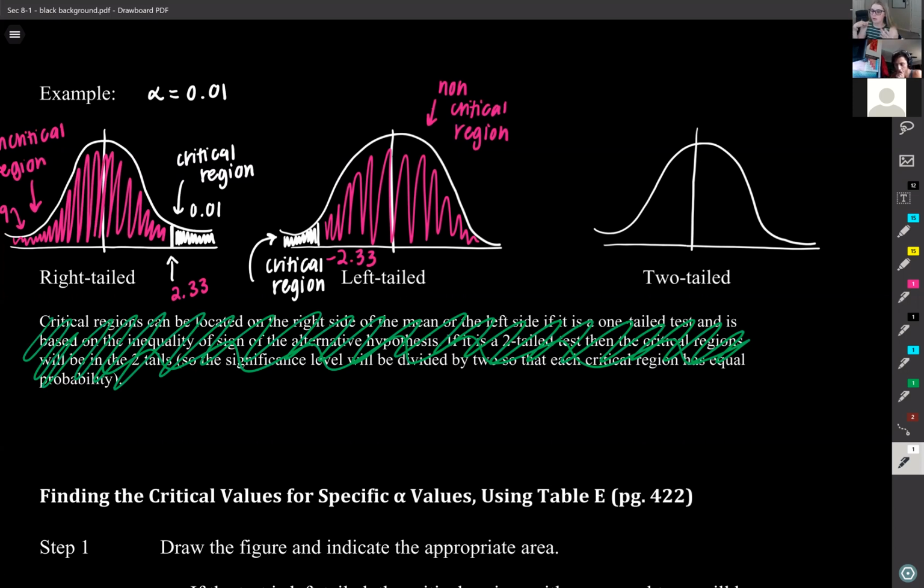So now we're not just concerned about an area on the right side or the left side. If we're doing a significance level of 0.01, that means that the combination of the area in these two tails should be 0.01. So 0.01 divided by 2 is equal to 0.005. Each one of my tails should have an area of 0.005, because if I add these together, I get a total area of 0.01.